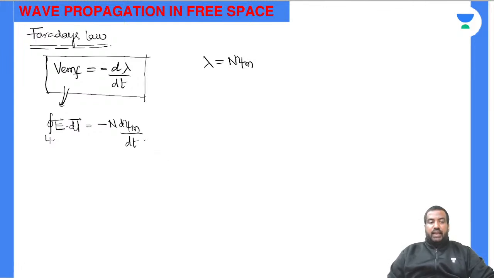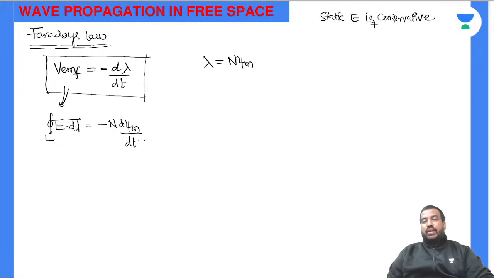If you see here carefully, I am trying to keep the closed loop, but this value is not becoming zero. Why? Because only static electric field is conservative. Only for static electric field del cross E is 0. Only static electric field will move in straight line, but not time varying electric field.